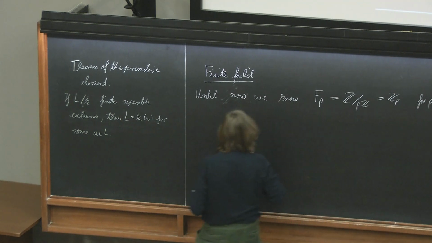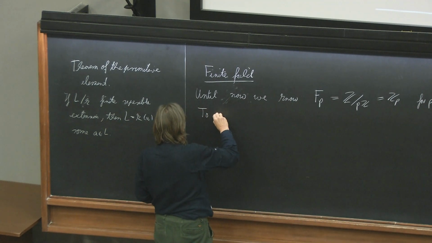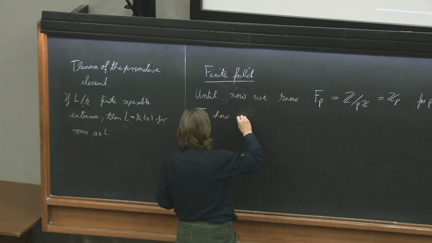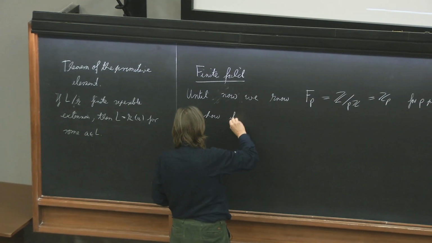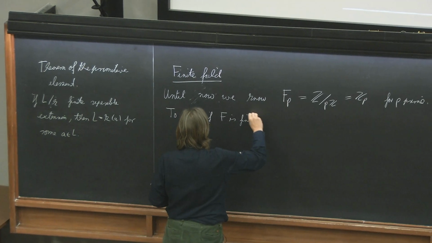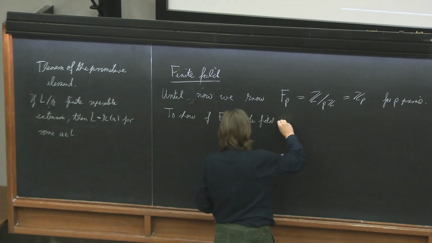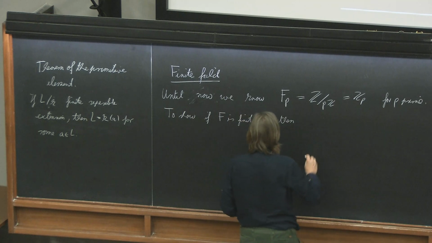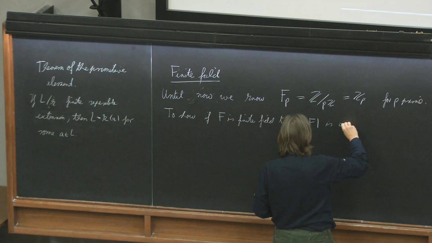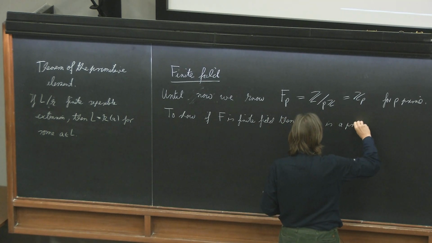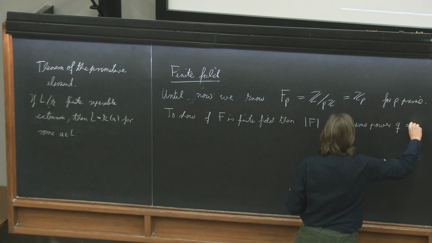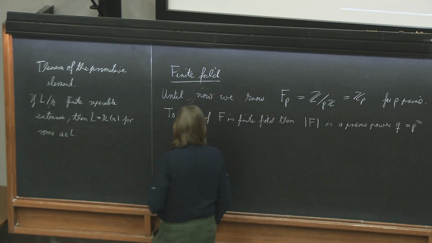And we want to show that if F is a finite field, then the number of elements of F is a prime power q equal to p to the n for some prime p.